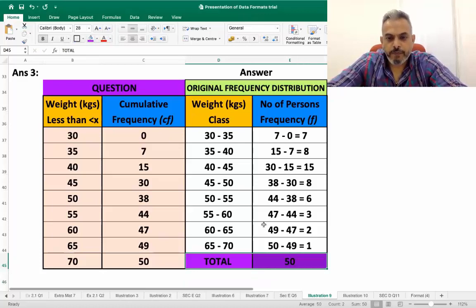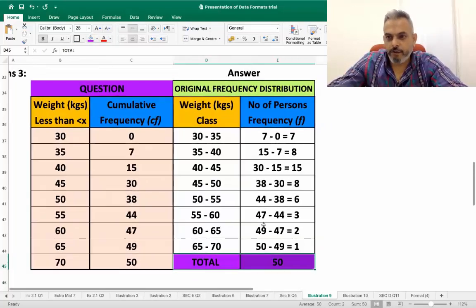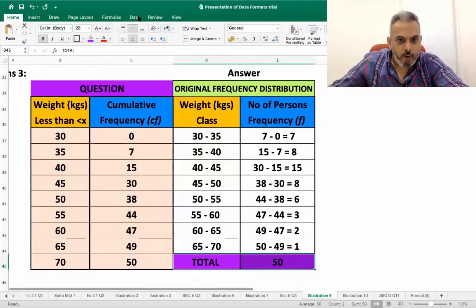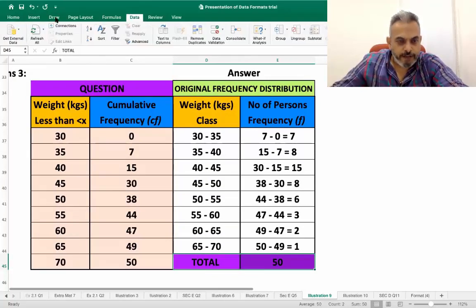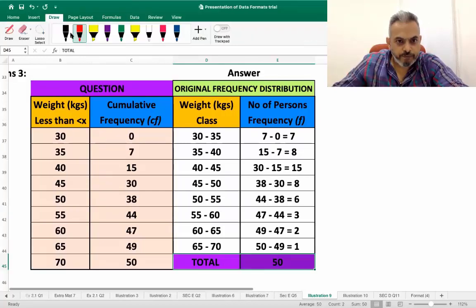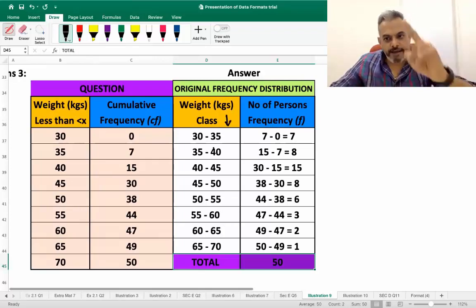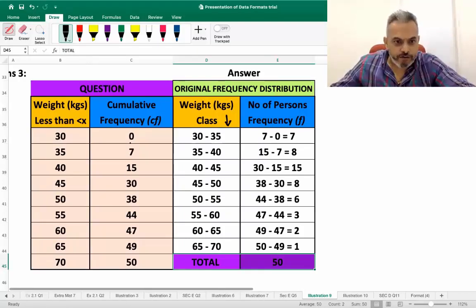Now, how did we do the original frequency distribution? Once again, those of you who missed out, pay attention. First you make all the classes like this. Be careful about the first class. It starts from 30, so 30 to 35.